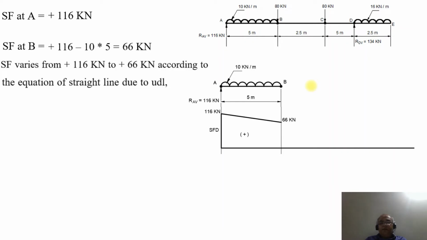Therefore, SF varies from 116 kilonewton to 66 kilonewton according to the equation of a straight line due to the UDL.